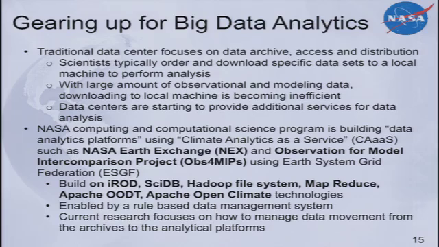Using this NASA Earth Exchange, basically we put the computing, the data set, and all the tools all together in one place and start enabling the analysis workload. So we call it climate analytics as a service.